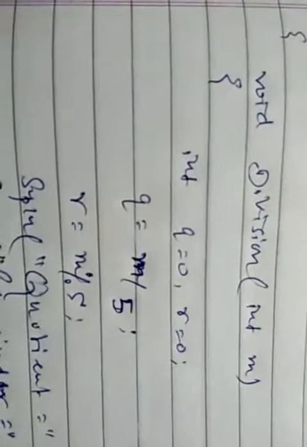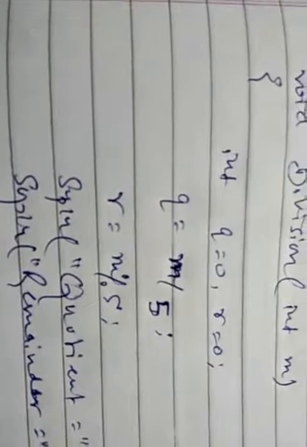And there is the next question of our book, question number 4. You have to create one function, void division, with integer parameter m. And in the question they want the quotient and the remainder when divided by 5.